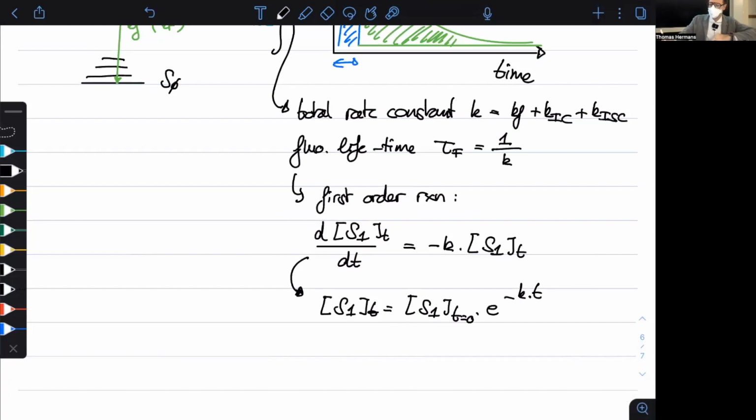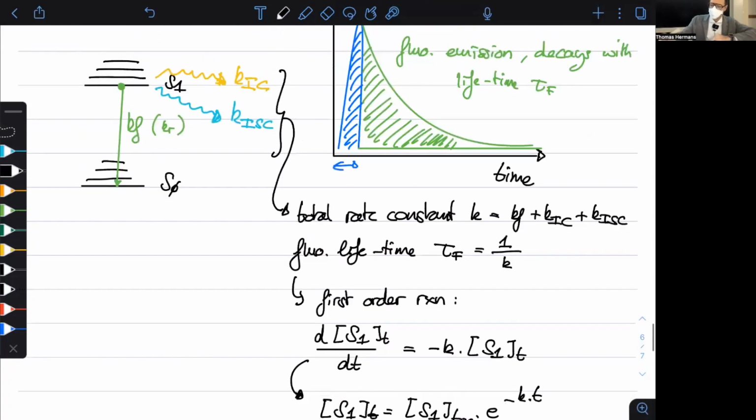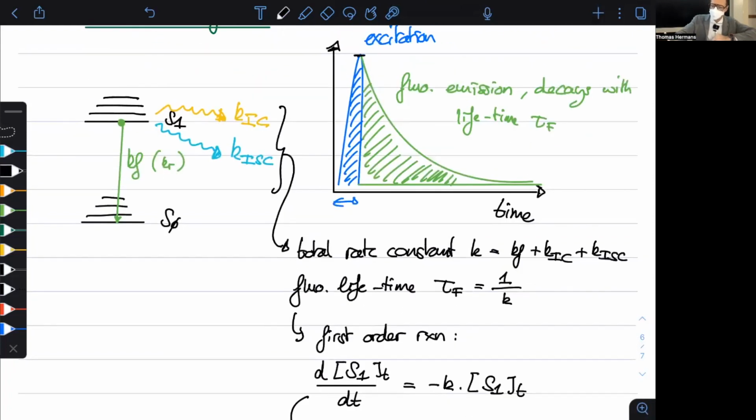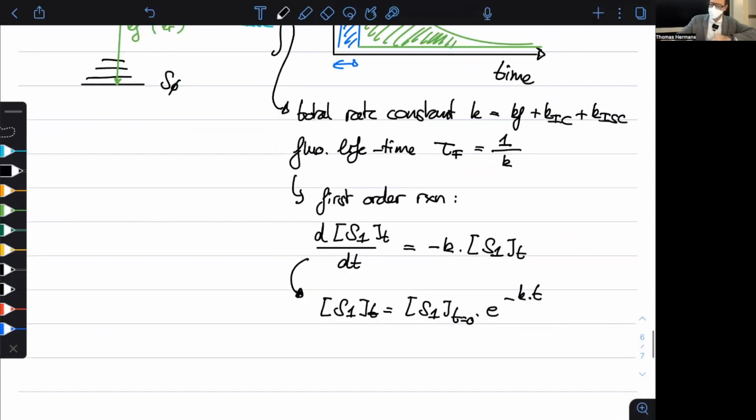So there's an exponential decay of the initial concentration of S1 at time 0. There will be an exponential decay like this, or if I substitute tau, it will be minus t over tau.